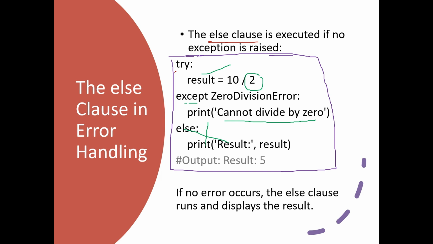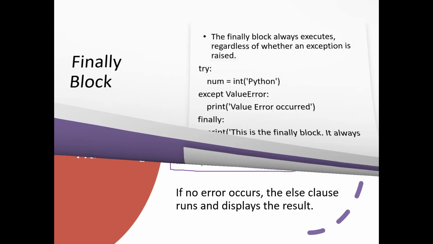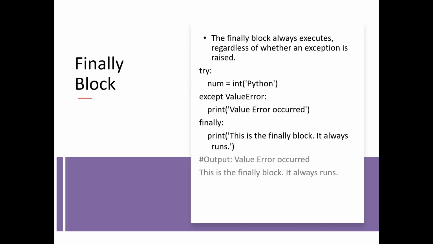When will this else clause get executed and when will it not get executed? Finally, there are some situations where we need certain actions to happen no matter what, whether an error occurs or not. For that, we use the finally block. The finally block is executed after the try and except block. Regardless of whether an exception was raised or not, this finally block will get executed.